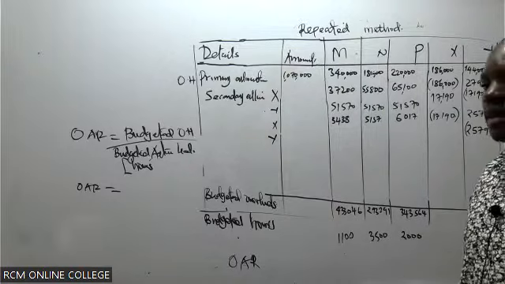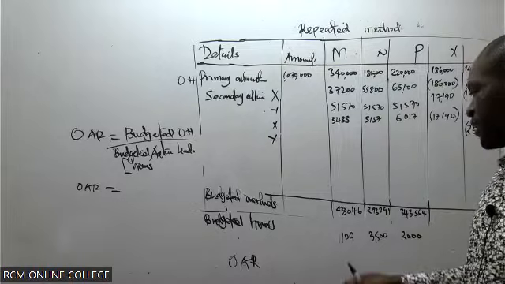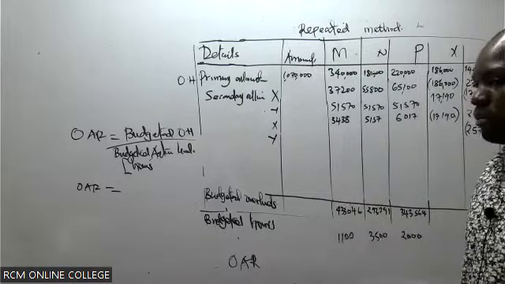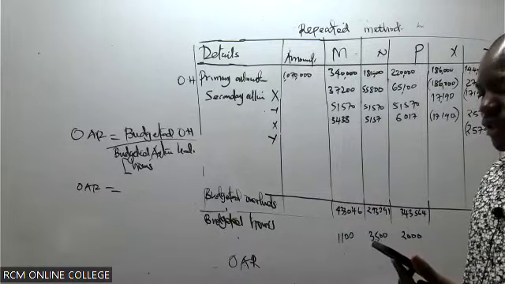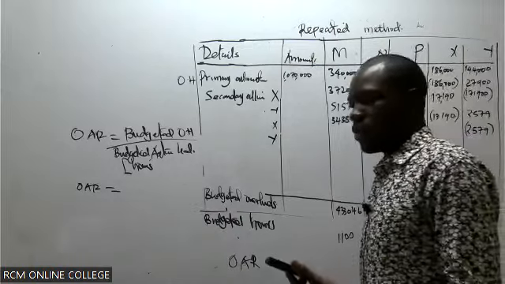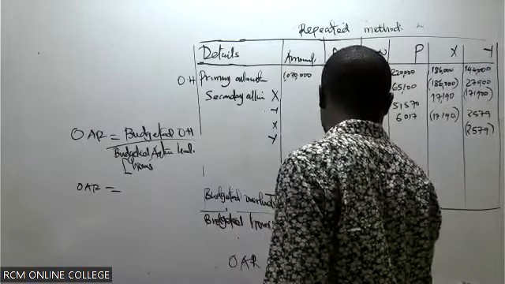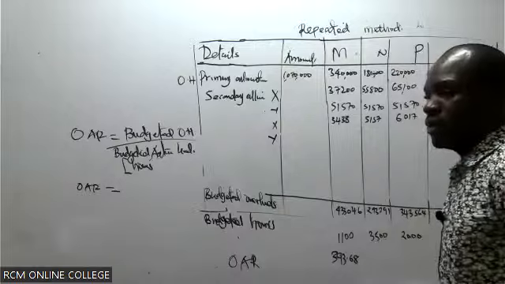Na watu sasa wamenyamaza. Watu wamenyamaza. The first one ni ngapi for M? What is the overhead absorption rate? 393.68. Na hapa ni ngapi N?